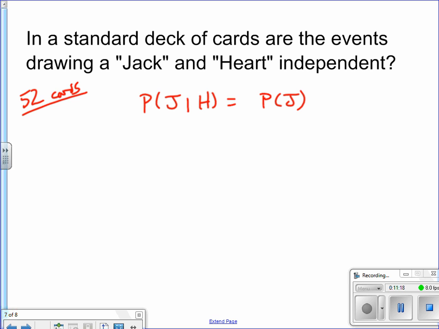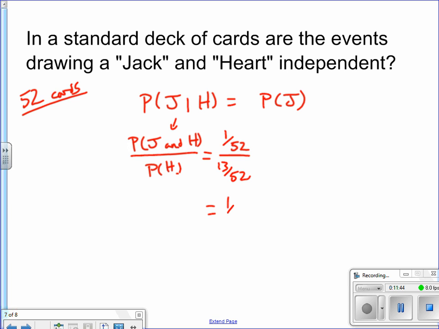So the probability here would be Jack and Heart divided by the probability of a Heart. For the probability you get the Jack and a Heart at the same time, how many cards are both a Jack and a Heart? That's 1 out of the 52. And the probability that you get a Heart, well, there are 13 of those out of the 52, which is 1/13.